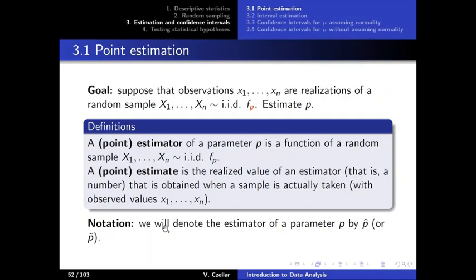And we will denote by p hat the estimator of the parameter p. I will not distinguish between point estimates and point estimators because it would be too cumbersome to have too many different notations. And I will each time emphasize whether it's an estimate, a number, or a random variable.